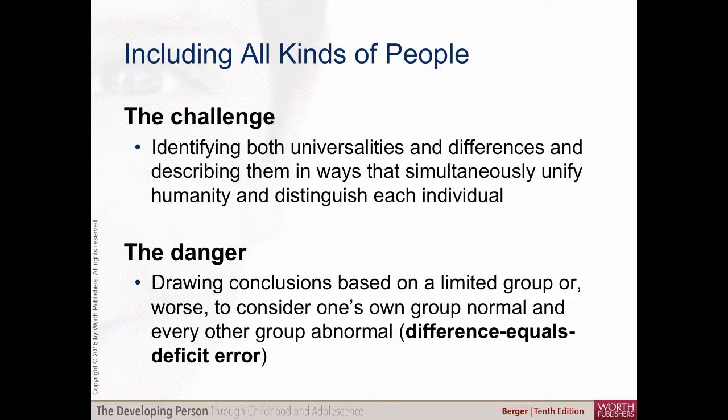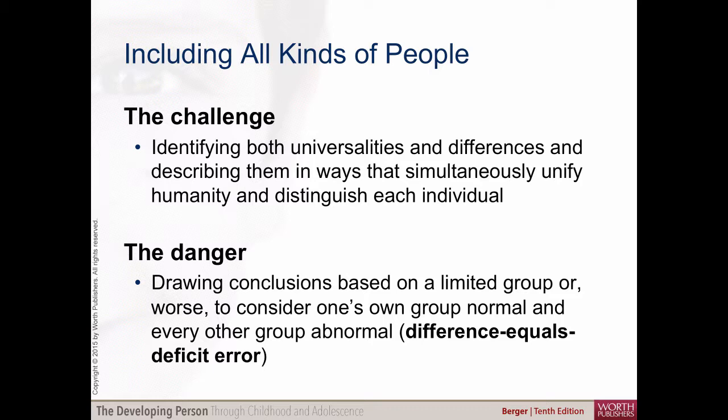It's also a challenge to include all kinds of people because we want to identify both universalities and differences, and describe them in ways that simultaneously unify humanity and distinguish each individual. The danger is drawing conclusions based on a limited group, or worse, considering one's own group normal and every other group abnormal.